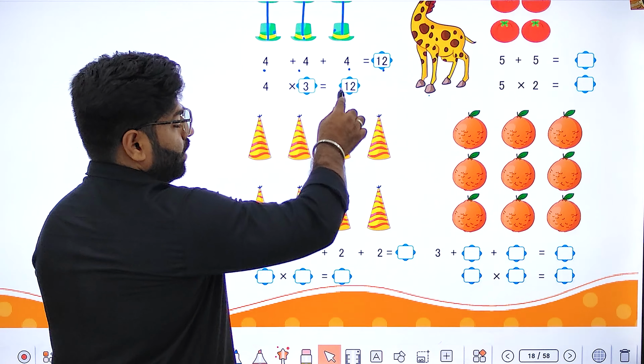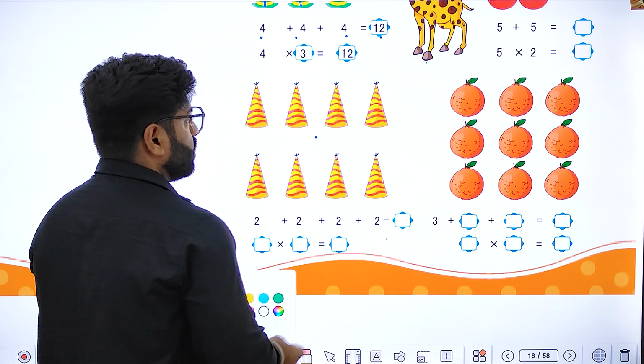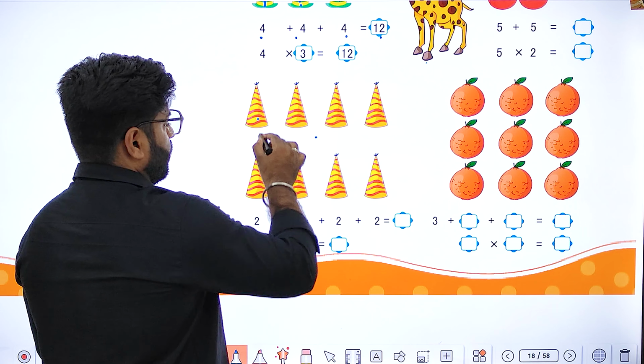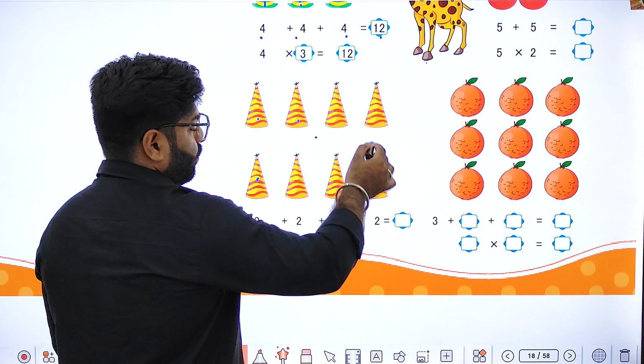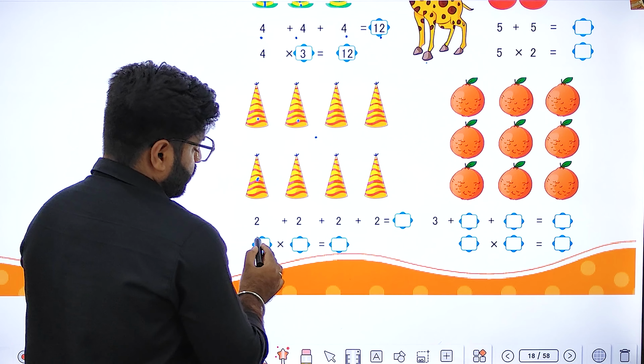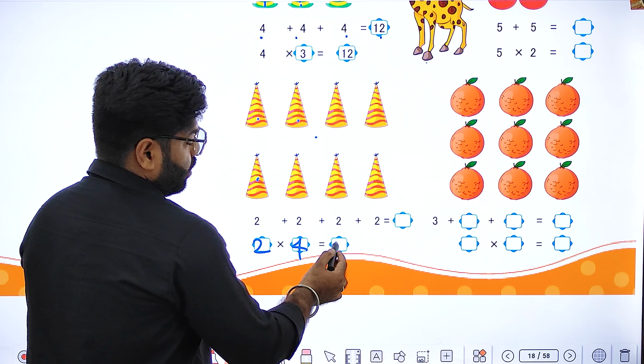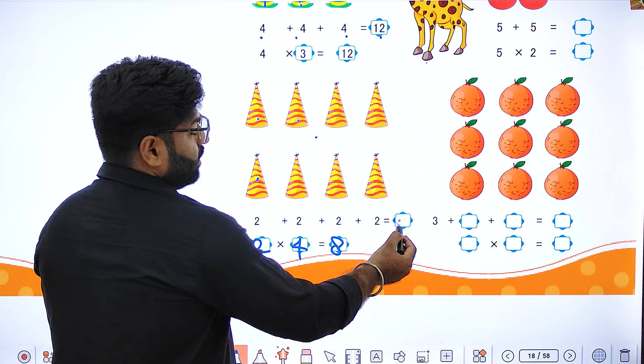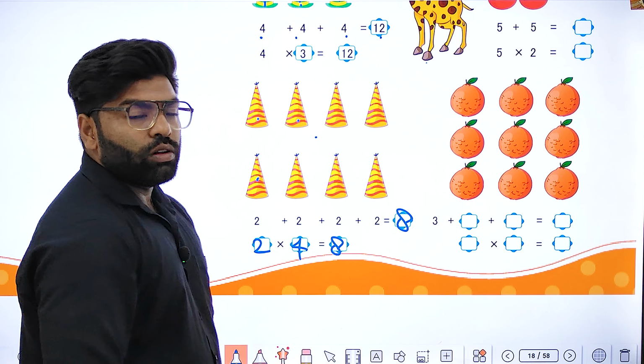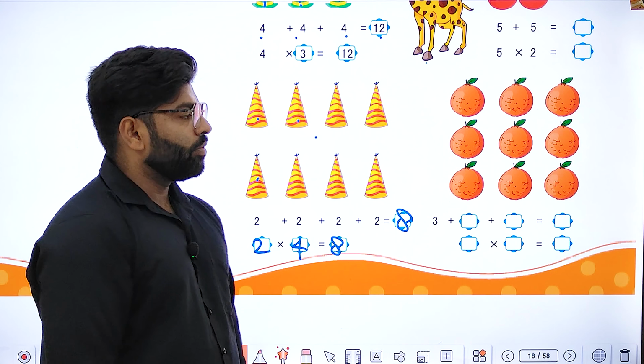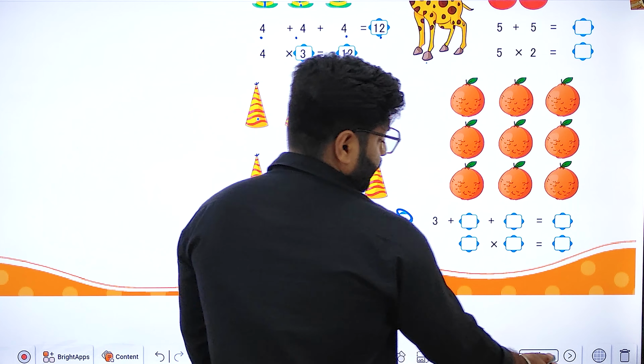Clear? In the same way, we have other questions. If we look at the caps, there are 4 groups of 2, so we write 2 multiplied by 4 is 8. And if we add these numbers, we also get 8. Clear? Come to the next part.